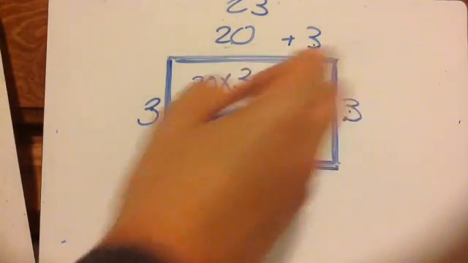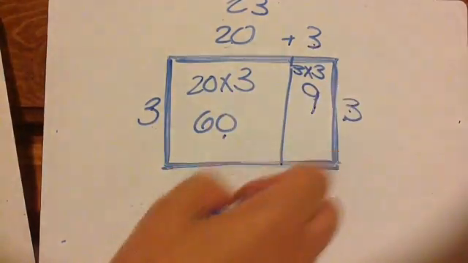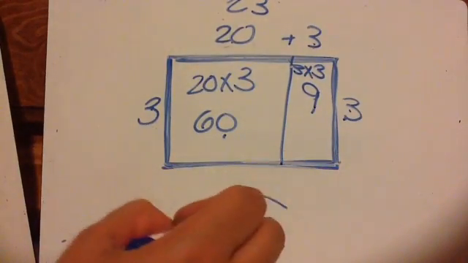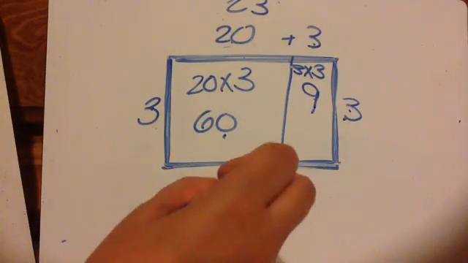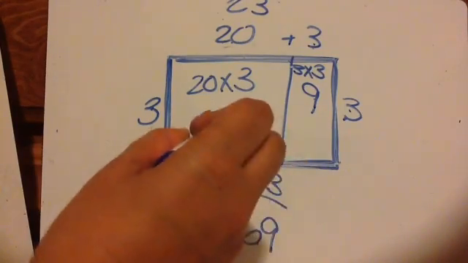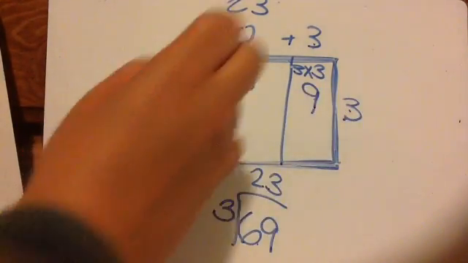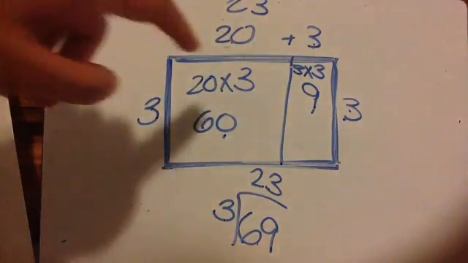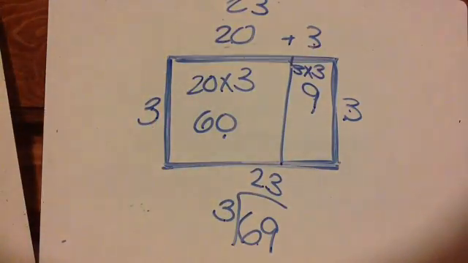So 60 plus 9 equals 69, which was my original math problem. It was 69 divided by 3 equals 23. I'm just breaking it up into area models and using the distributive property. This is division using the distributive property.